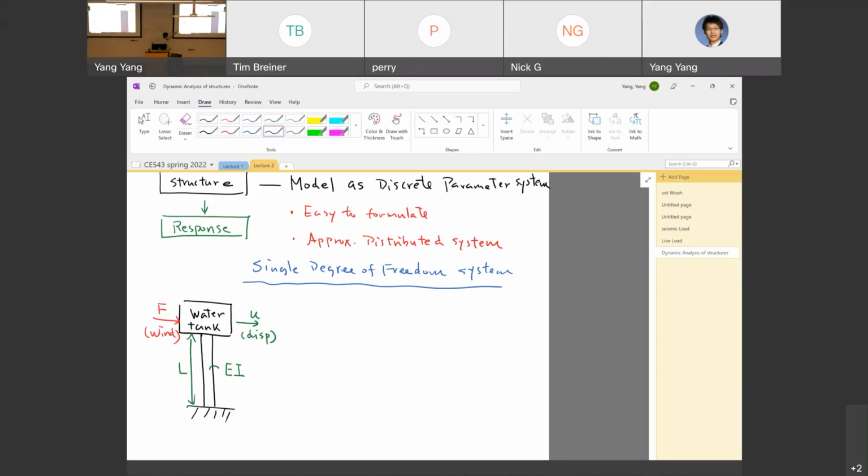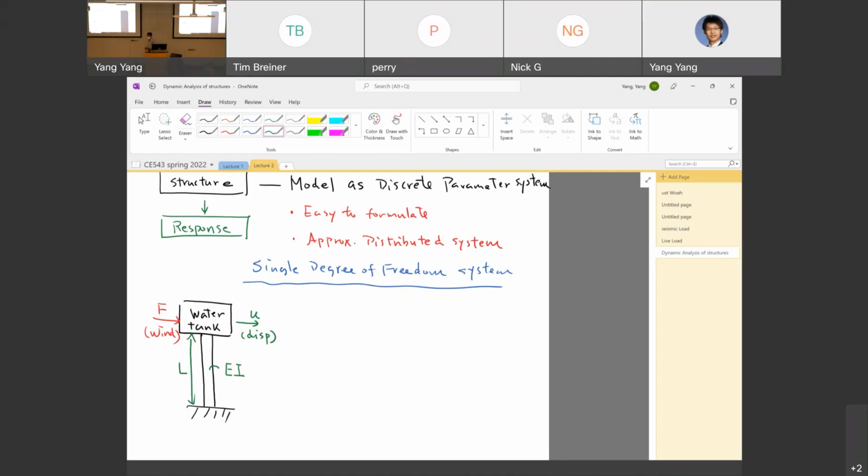Okay, structural analysis. If we have a force here, we should be able to calculate the displacement if we are given the length and the height of the column as well as the EI of the column. Any questions here?